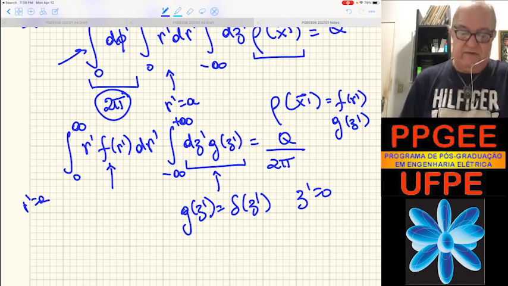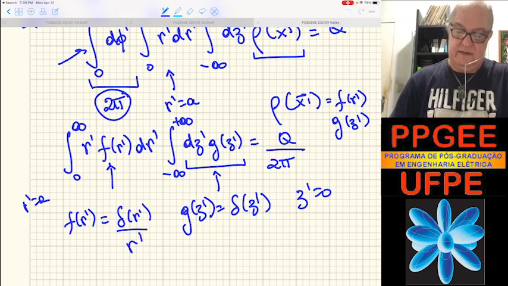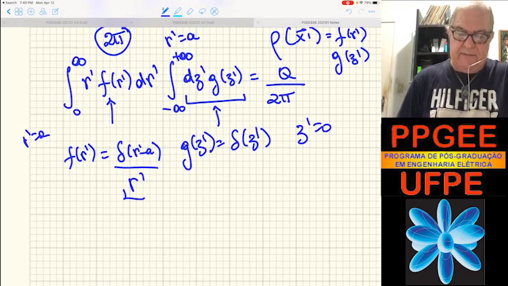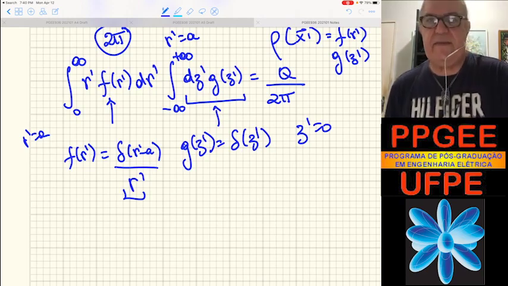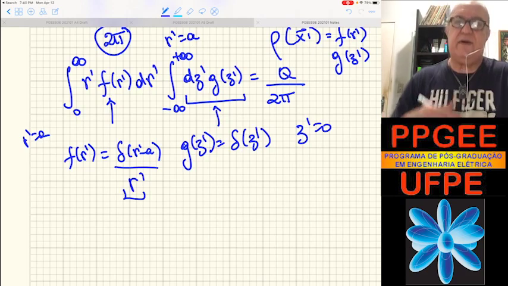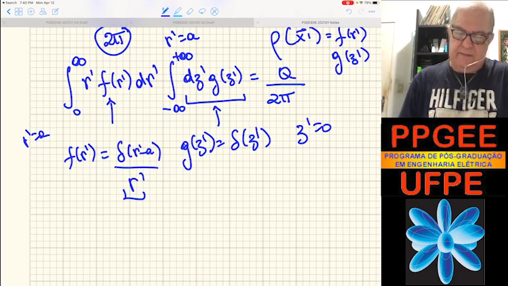So we have a delta function here, f of r prime equals delta of r prime minus a, and I have to have an r prime down here. I'm sorry, r prime minus a divided by r prime. I can use r prime or the value of r prime which is a, but I can use it like this. I'm going to make it different from the class notes. So that's f of r prime, okay?